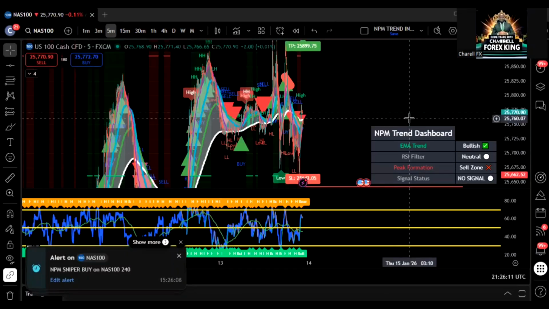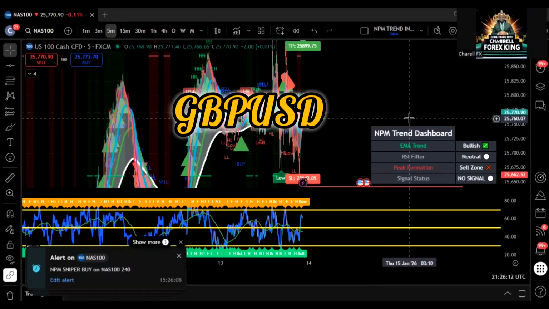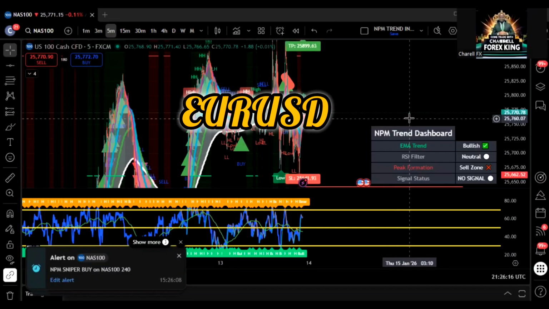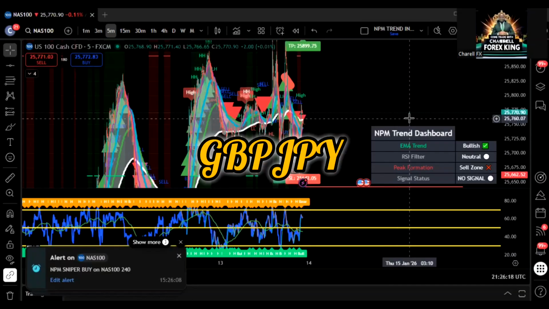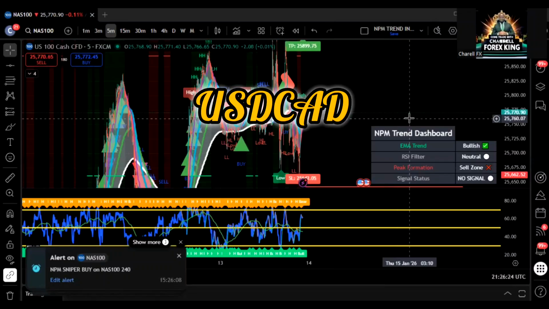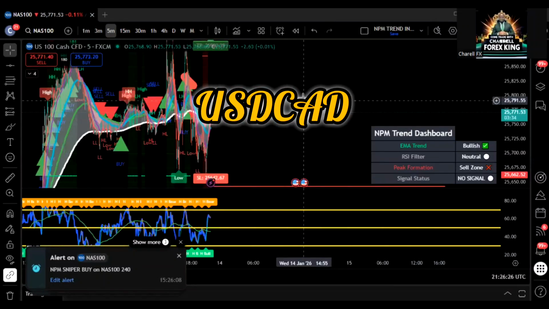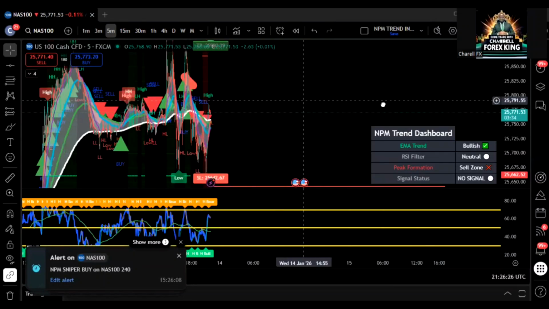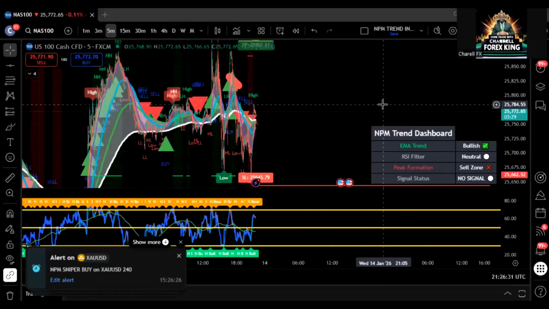It's different currencies like GBP USD, Euro USD, GJ, USD CAD. It's different pairs that you trade. That's Forex. So you're either going to buy or sell when it comes to Forex.